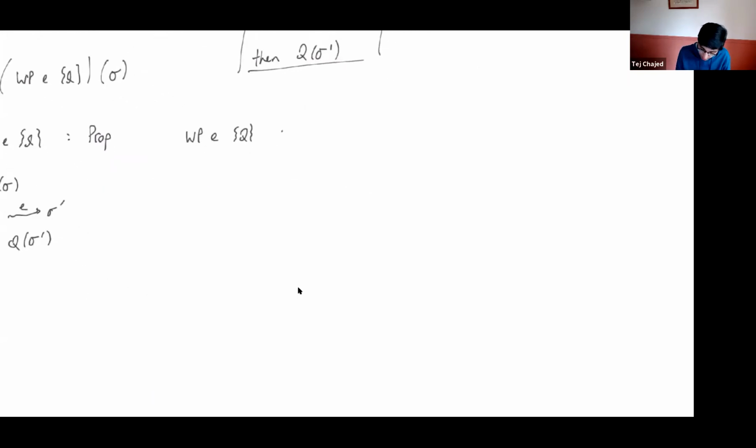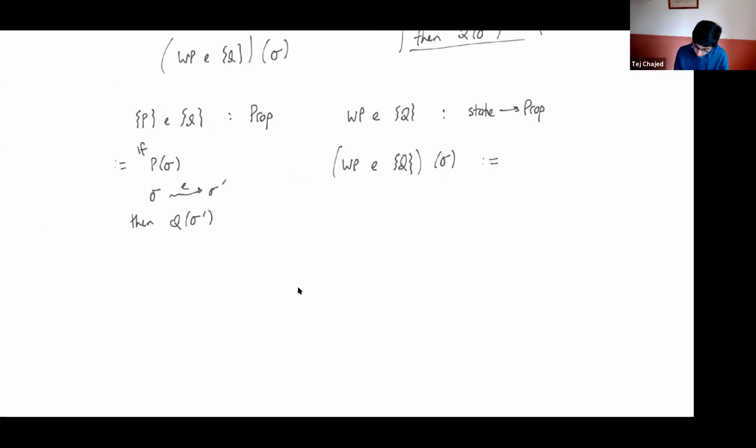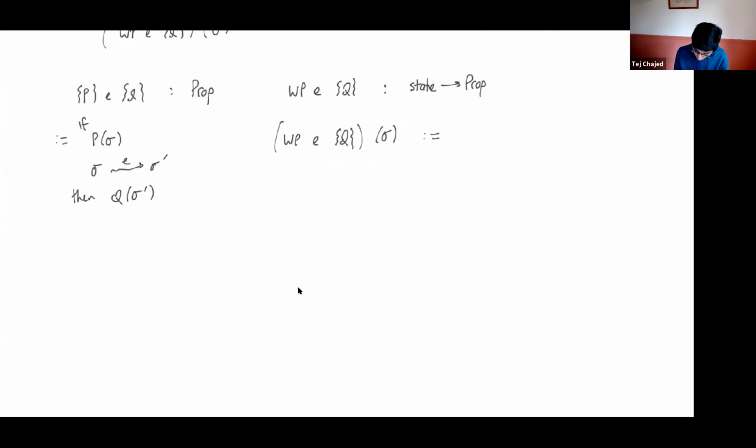The weakest precondition is from state to prop, and the definition is that WP E of Q, the weakest precondition of E for Q, is true in some state when running E from that state implies that the postcondition holds.